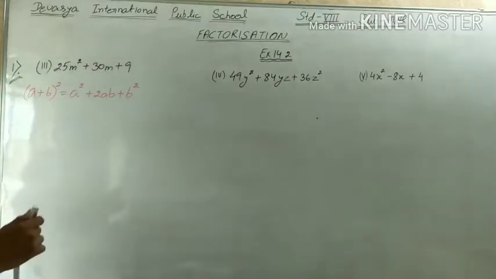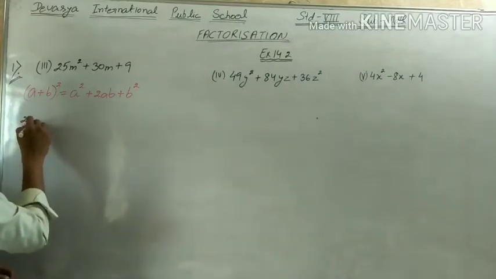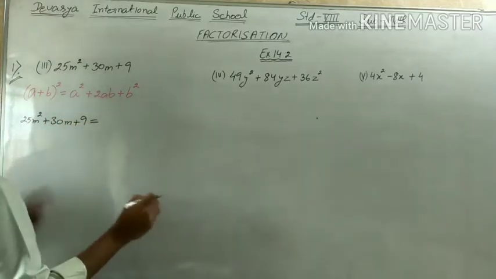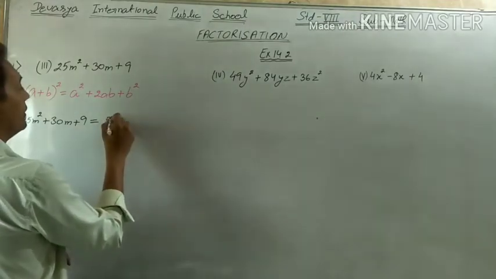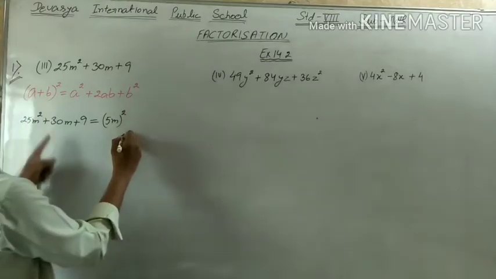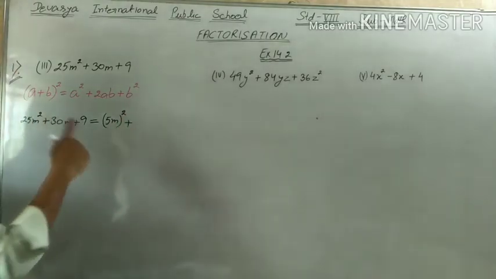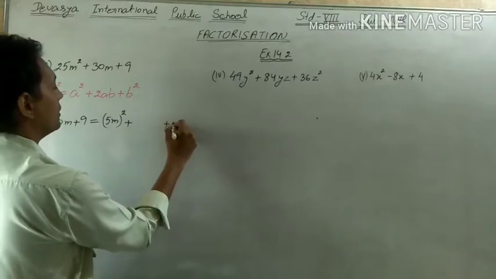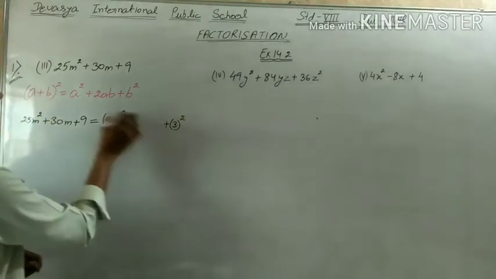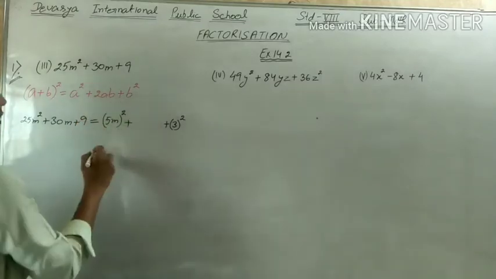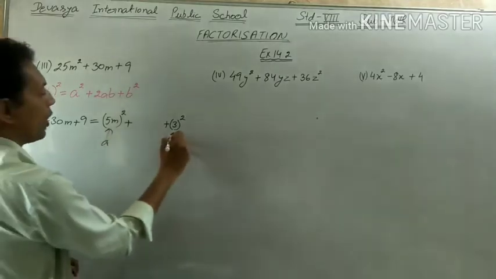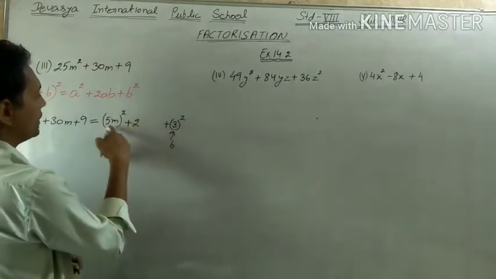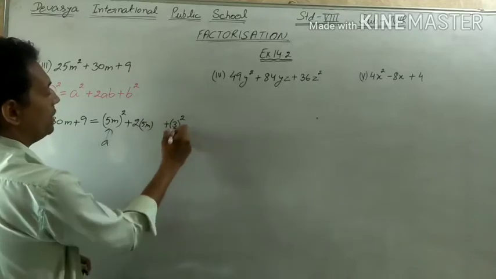So let's once again write this expression as 25m square plus 30m plus 9. 25m square can be written as 5m whole square, plus the middle term we will write later on because it will be easier to write, and the last term is 9, which can be written as plus 3 whole square, and the middle term is in this format, that is 2 into A into B. So the quantity which is in the first bracket is your A and the quantity which is in your last bracket is your B, and you can write the middle term as 2 into A, that is 5m, into B, that is your 3.